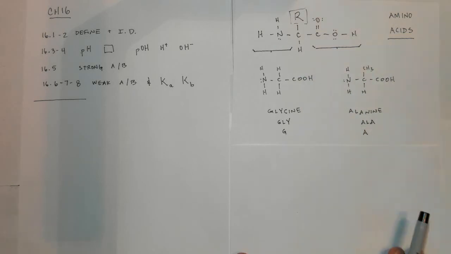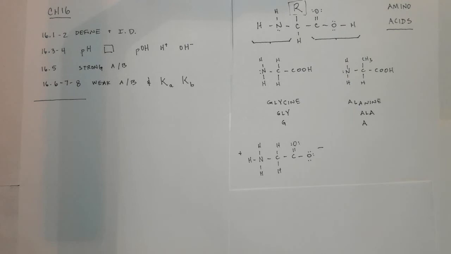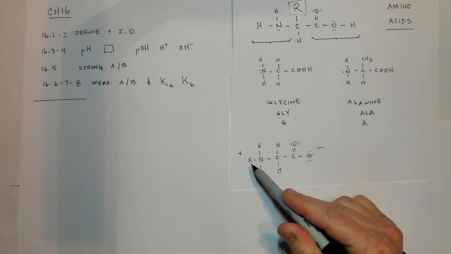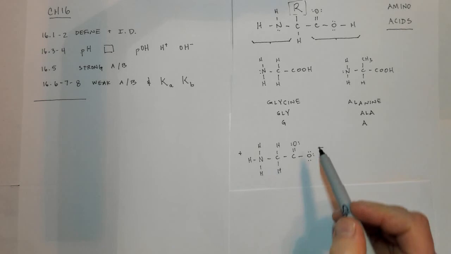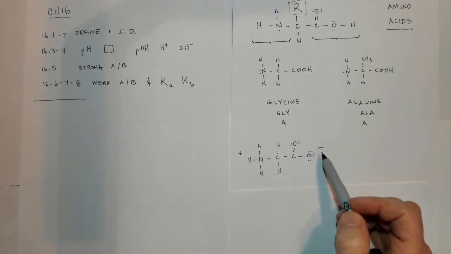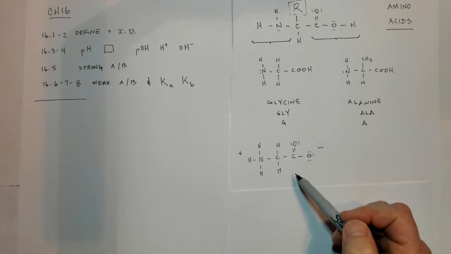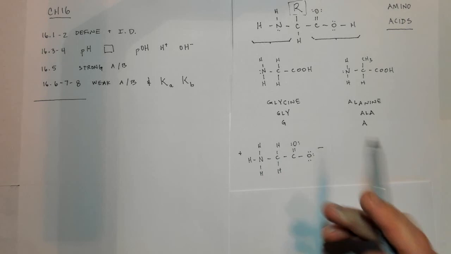And when it does that, it acts as an acid-base reaction by itself, and this end now is lacking a hydrogen, and this end now has a hydrogen, and it has more of a positive end here and more of a negative end right here. It forms an ion by itself, giving up the hydrogen here and adding a hydrogen right here.